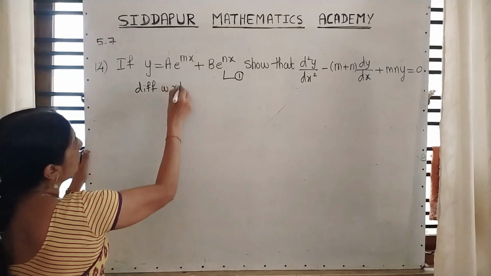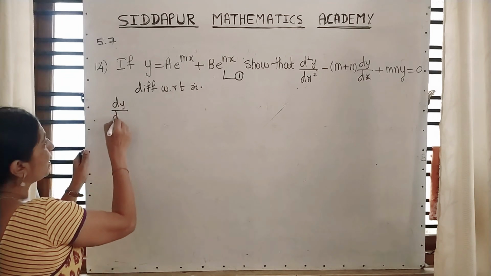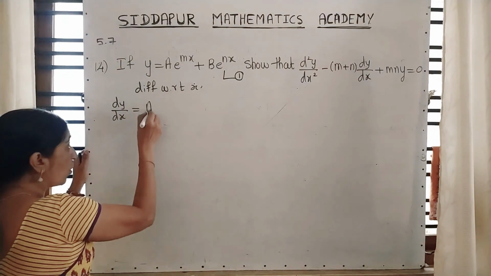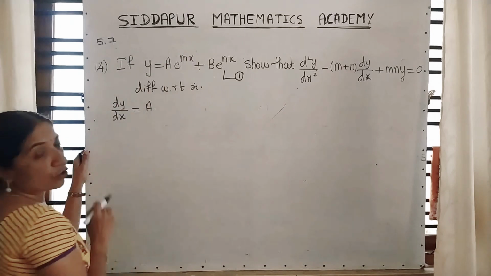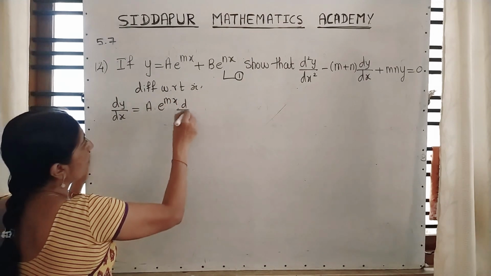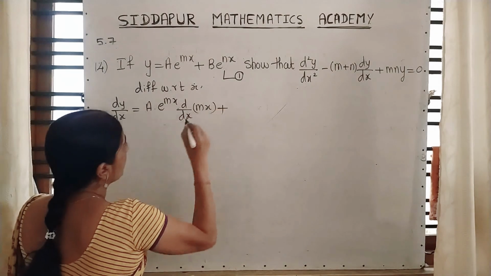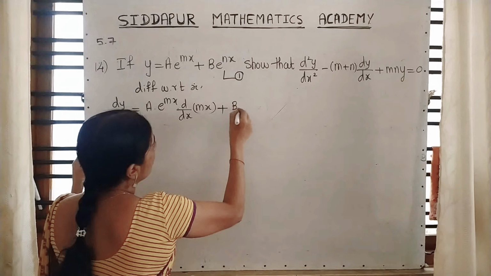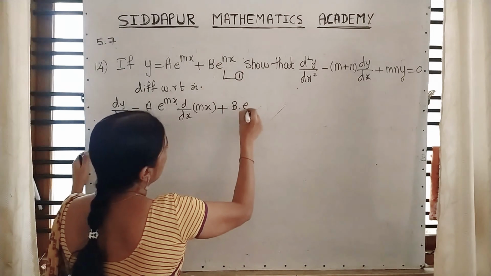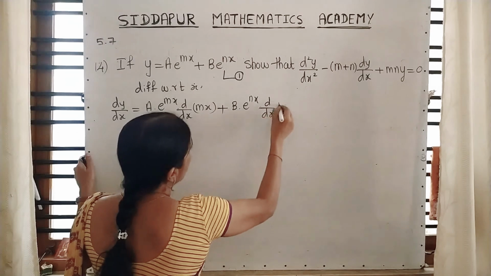Differentiating with respect to x. This is dy upon dx. A constant. What is the differentiation of e raised to mx? e raised to mx into differentiation of mx, plus b constant. Differentiation of e raised to nx is e raised to nx into differentiation of nx.